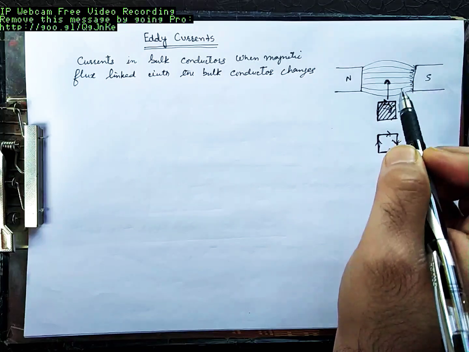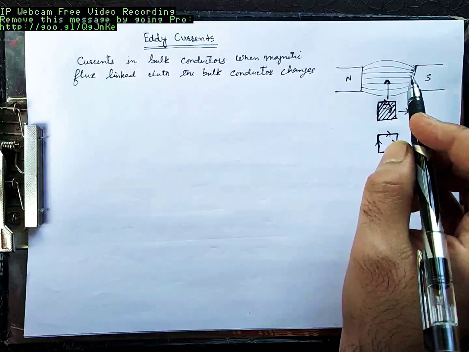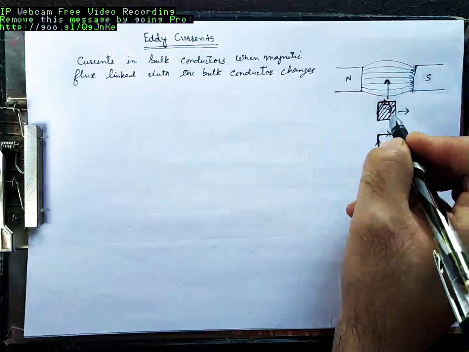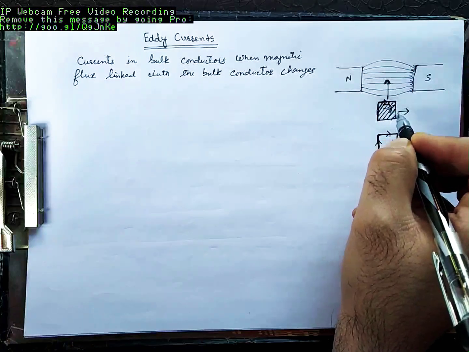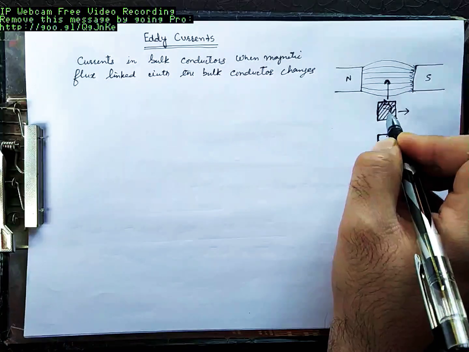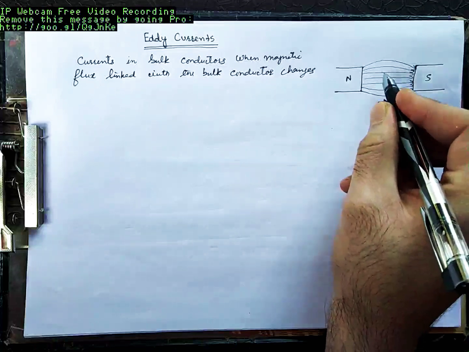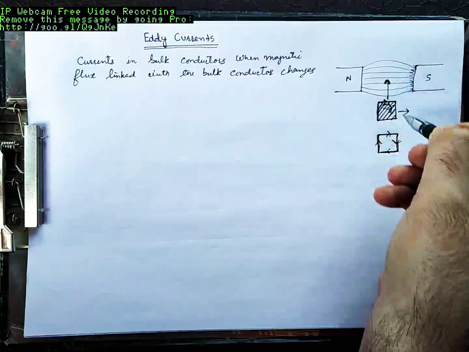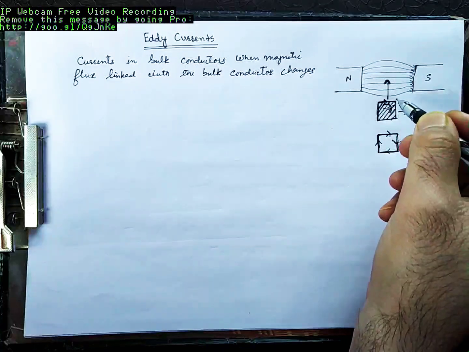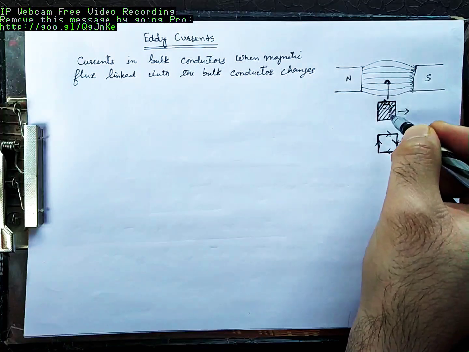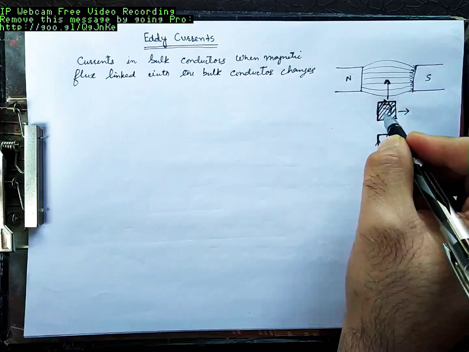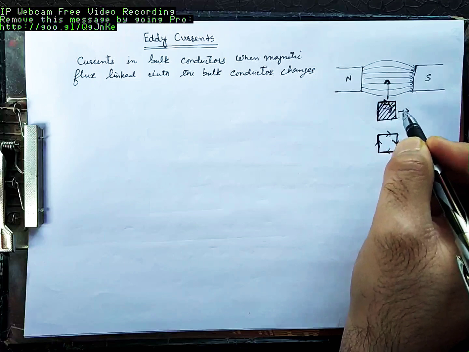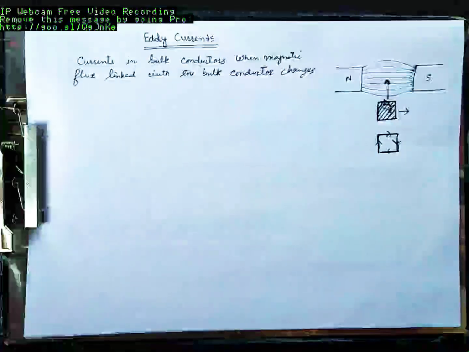If the original cause was increase in magnetic flux, that is, if you are getting this into the magnetic field, so magnetic flux is increasing, this will produce current such that that current flow will produce a magnetic field which will oppose the cause. Cause was increasing magnetic flux, it will try to decrease the magnetic flux. If you get this out of the magnetic field, so cause here is decreasing magnetic flux, current here will flow such that that current will produce a magnetic field. That magnetic field will produce a flux such that the original magnetic flux again increases.